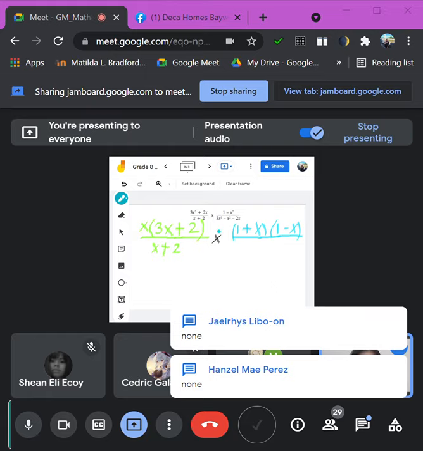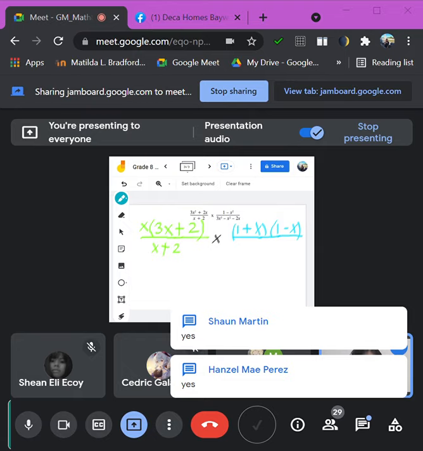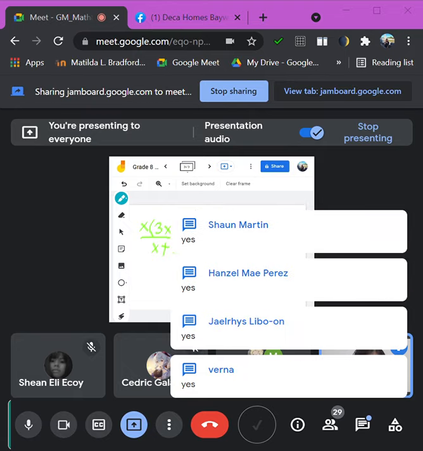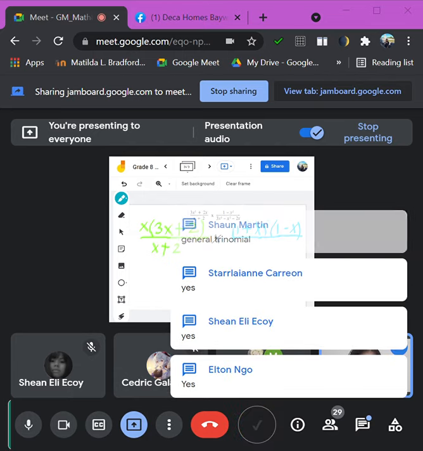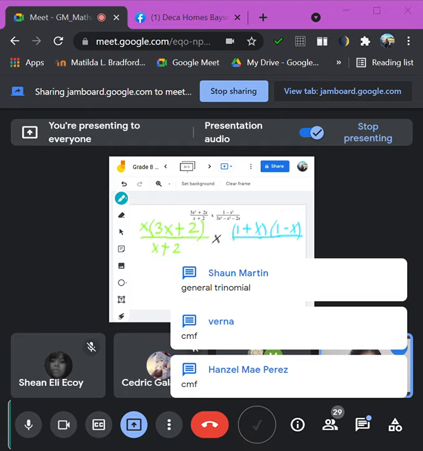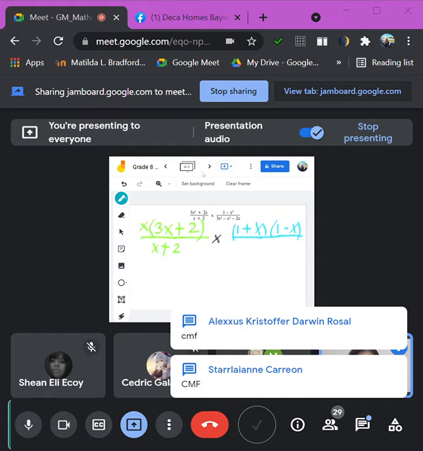Now, let's go to our denominator, 3x cubed minus x squared minus 2x. Pwedeng ma-factor, class? Okay, yes lang gihapon. And what are we going to use nga technique? Okay, very good. We can use our CMF.